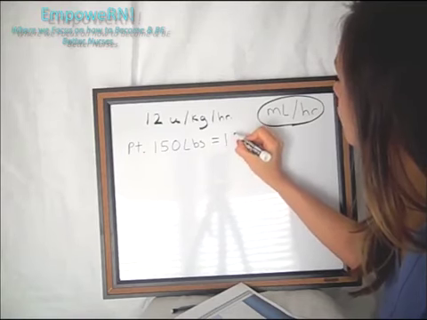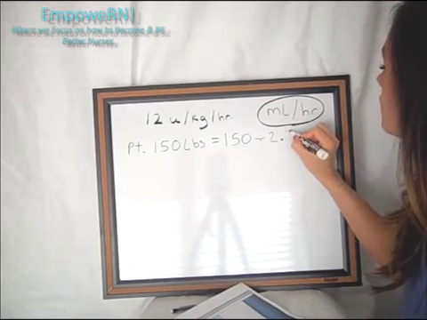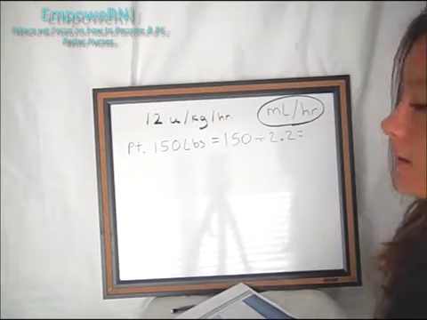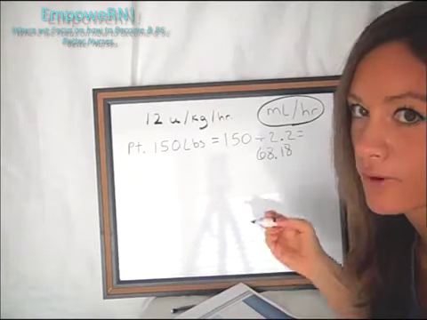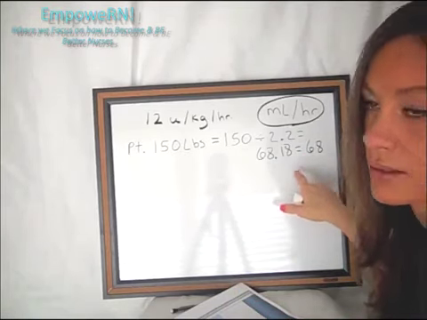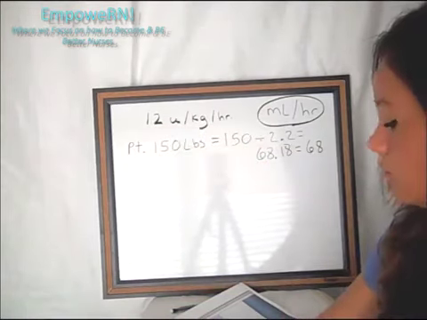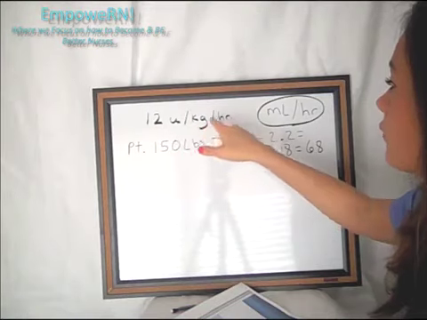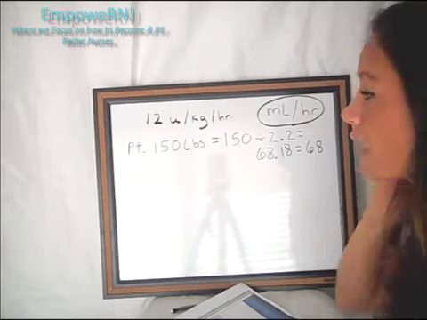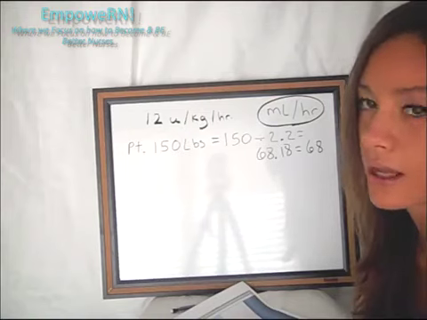So you take 150 divided by 2.2, and that gives you 68.18, which we are going to round to 68. Once you have your patient's weight, you take the ordered dose, which is right here, 12 units per kilogram per hour, and you take 68 times 12, and you will get 816.